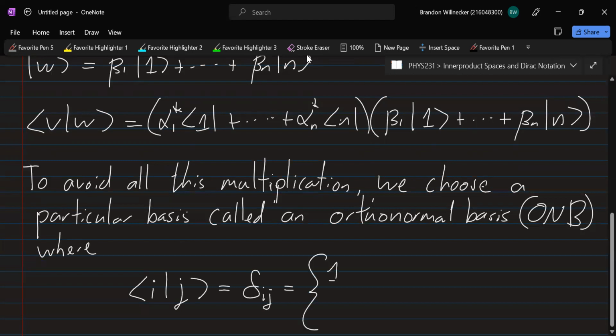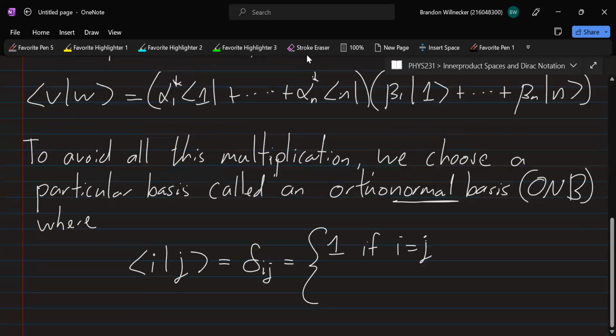Well, it is 1 if i is equal to j. In other words, if we take the inner product of a basis element with itself, we get 1. That is this normal part, okay, because it's normalized to 1. And it is 0 if i is not equal to j.